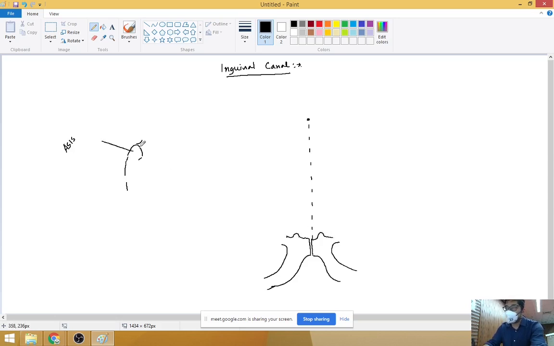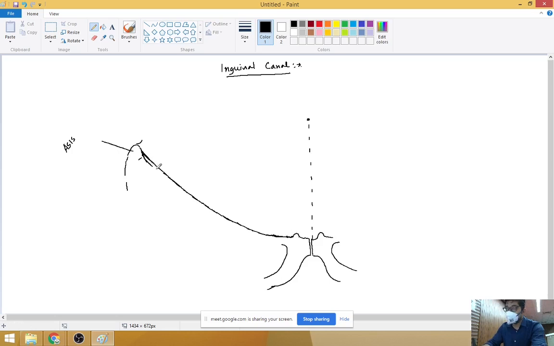Okay, now the external oblique aponeurosis rolls upon itself to form a thickening starting from the anterior superior iliac spine.